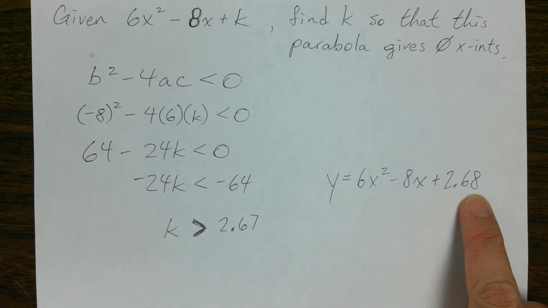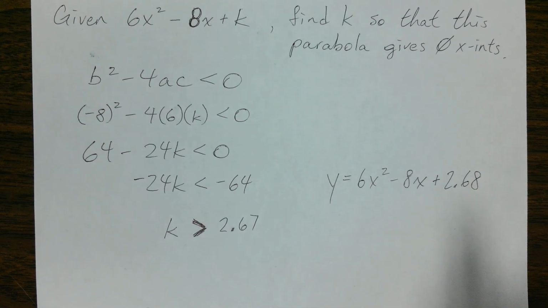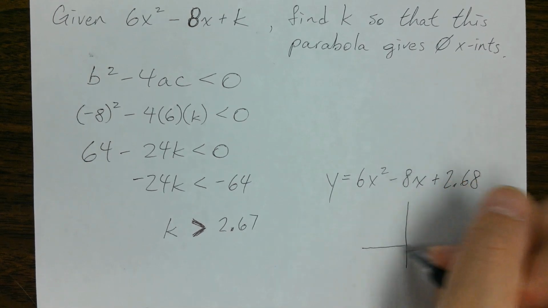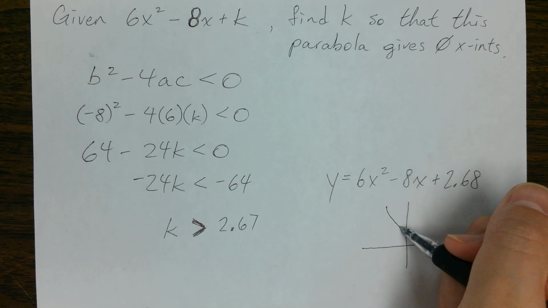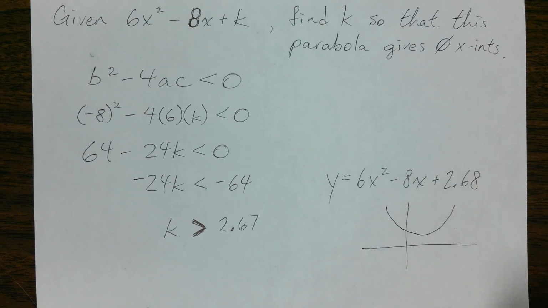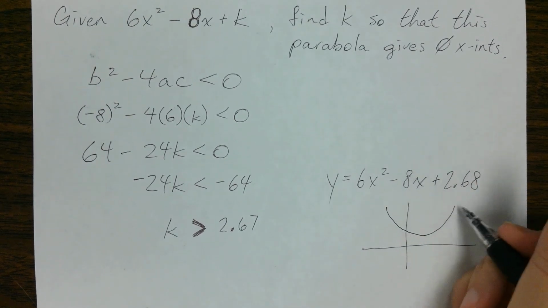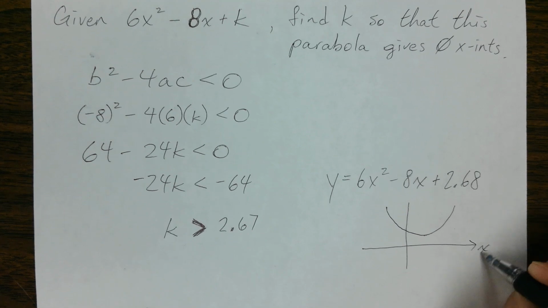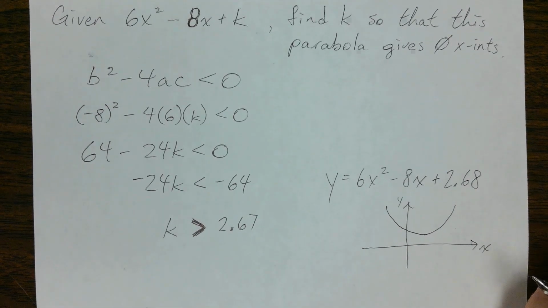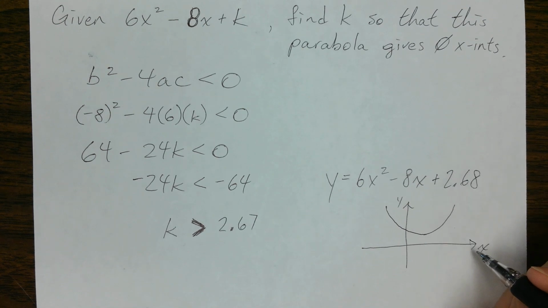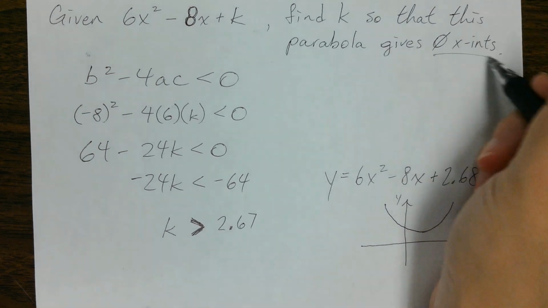So if you were to plot this on a graph, you'll get something like this, where your parabola is above the x-axis, so you have no x-intercepts.